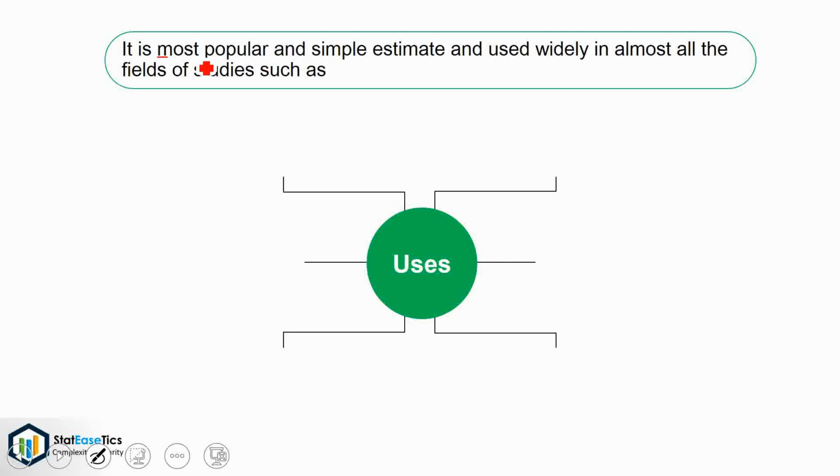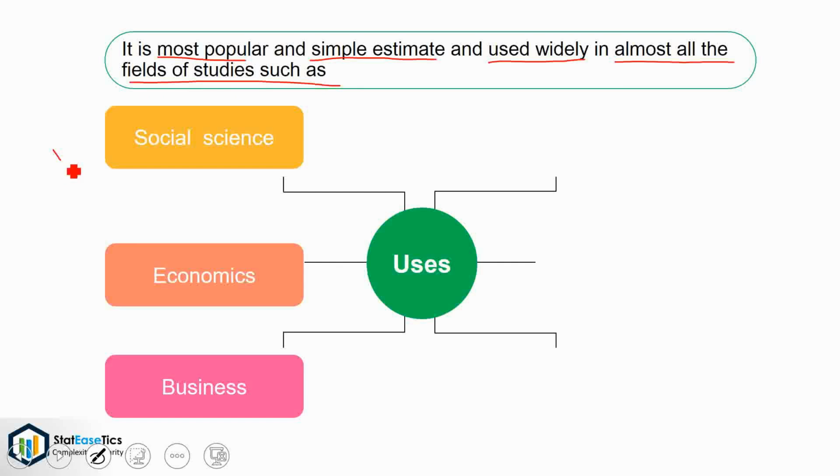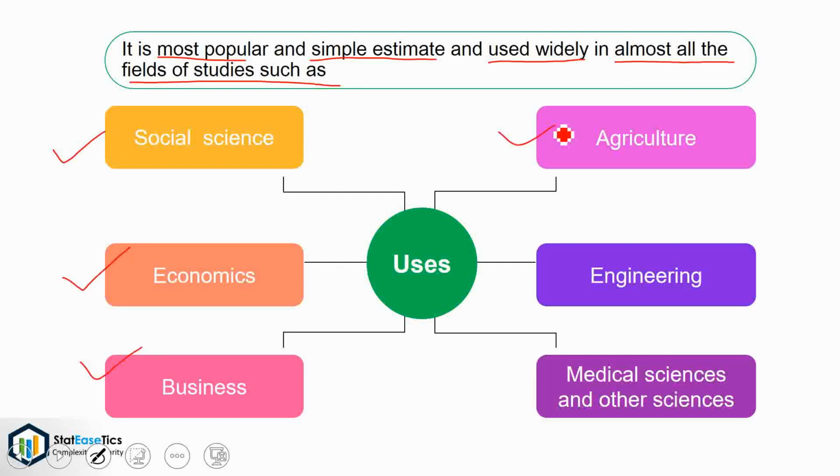It is the most popular and simple estimate and used widely in almost all the fields of studies such as social science, economics, business, agriculture, engineering, medical sciences, and other sciences. An example for agriculture can be average yield of wheat or average seed rate, etc.